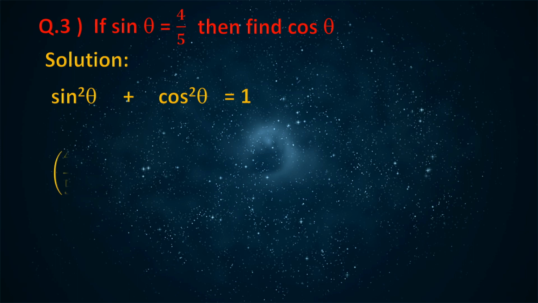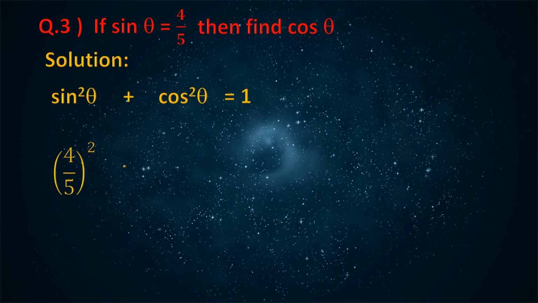Question number 3 of exercise 8.2. If sin theta is equal to 4 upon 5, then find cos theta. We know that sin square theta plus cos square theta is equal to 1. So in place of sin theta, we are writing its value, which is 4 upon 5.